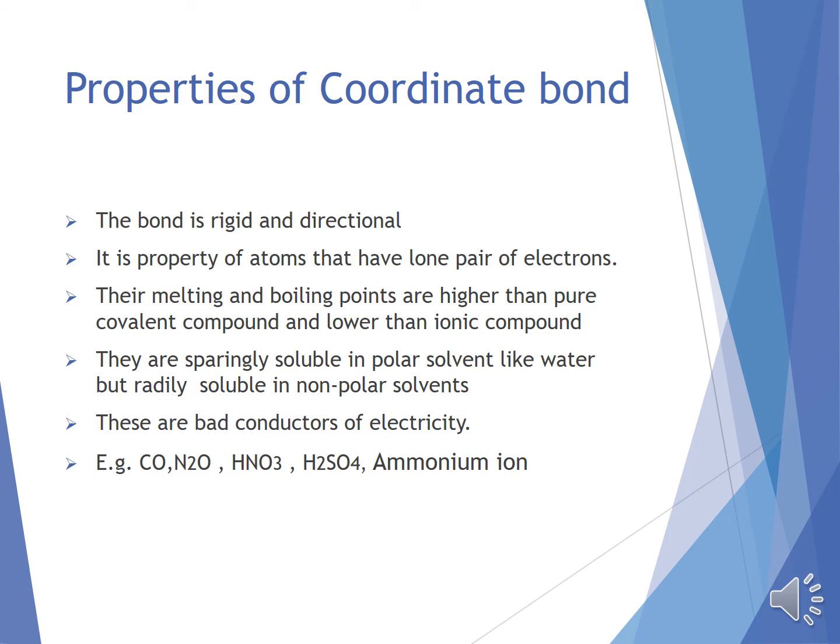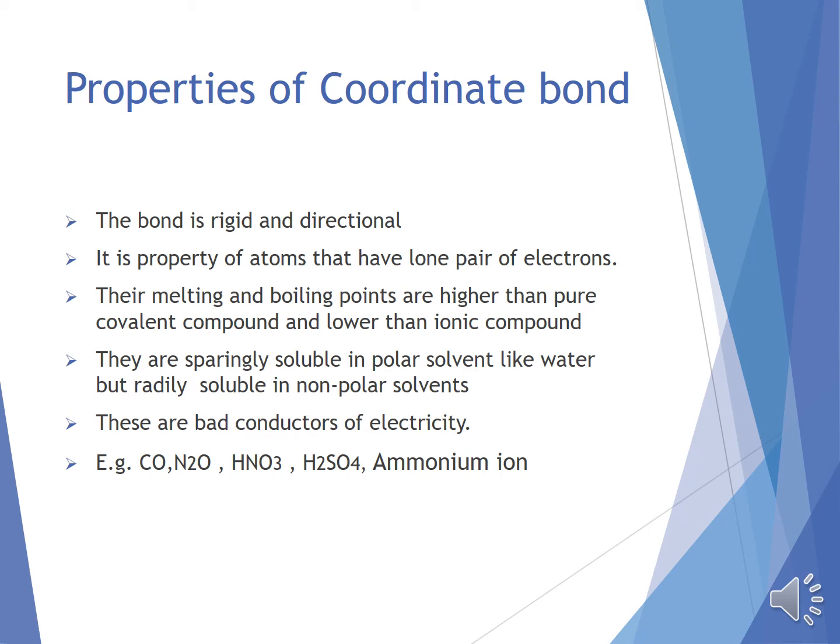Properties of coordinate bond. The bond is rigid and directional. We have to show the arrow from the donor towards the acceptor. It is a property of an atom that has a lone pair of electrons. If an atom has a lone pair of electrons, then only a coordinate bond is possible.